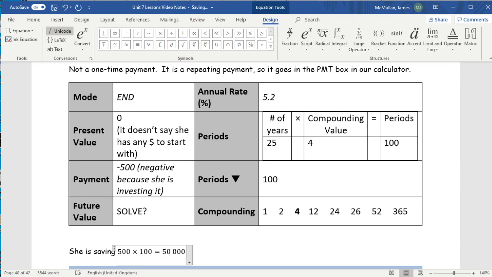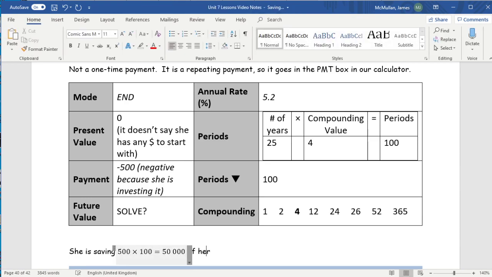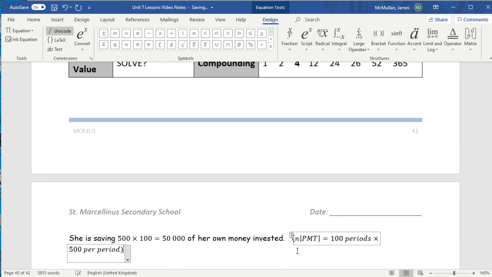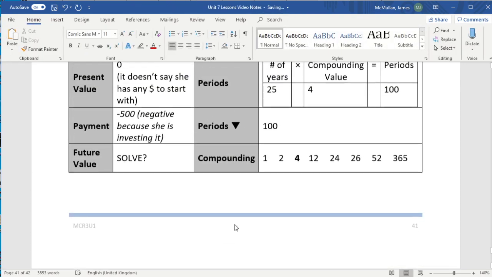So $50,000 of her own money invested, right? And this is what I was talking about before when I said N times PMT. This is N times PMT because N is 100 periods times 500 per period. So that's what that formula I was just talking about earlier means.